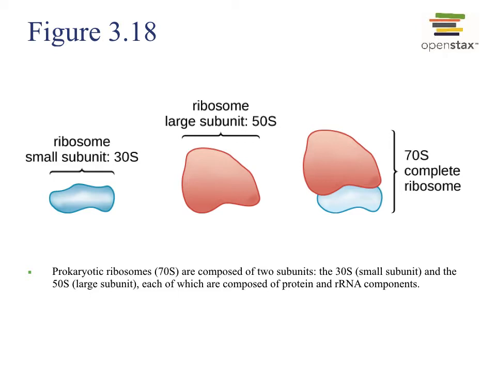You don't need to know them, but you need to know that prokaryotes have a 70S ribosome. Okay, that's really it. Those are the things that you find in all prokaryotic cells. Now, some cells have additional things, but for the most part, that's it.